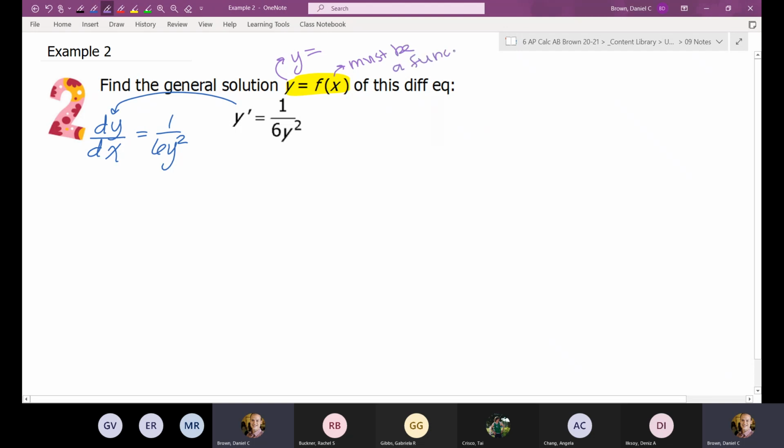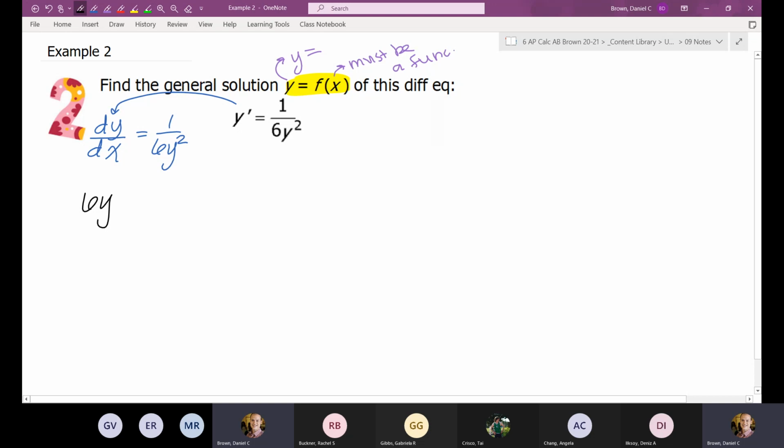So you would want to make sure your final answer is in the form of y equals blah, blah, blah, and then all that other stuff is going to have to be a function. So again, I rewrote this one as dy dx is equal to 1 over 6y squared. Are we able to easily separate these variables? Yes. What can we do to separate the variables? Cross multiply. Sometimes you cross multiply, maybe sometimes just multiply by one thing.